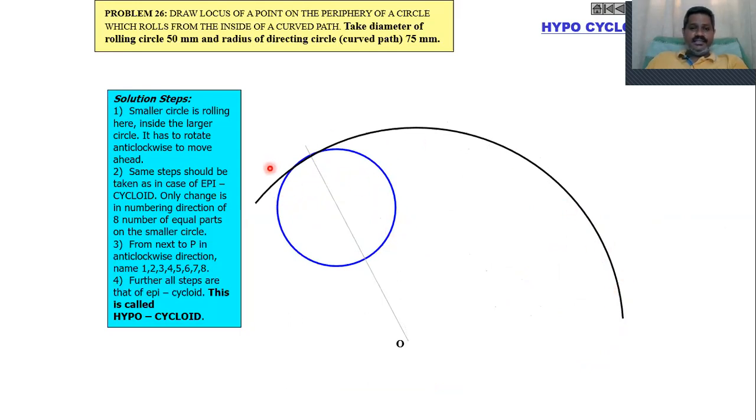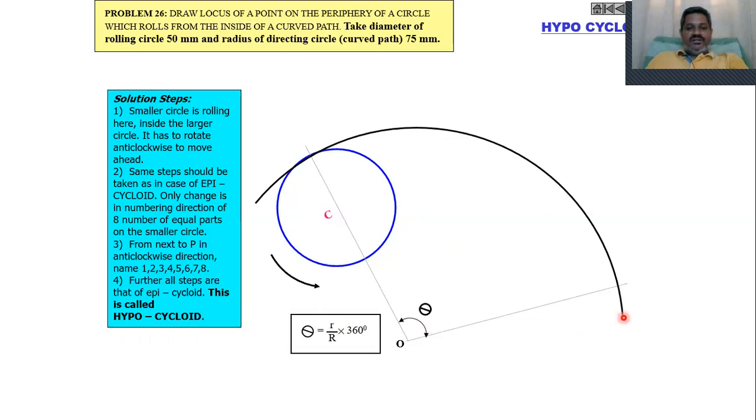Draw the directing circle with a radius of 75 and add 25 mm to that, and after that divide this circle and calculate the sector angle, then close the sector with that angle. Then divide the sector into 8 equal divisions like this. With this same number of divisions, we are going to divide the generating circle.